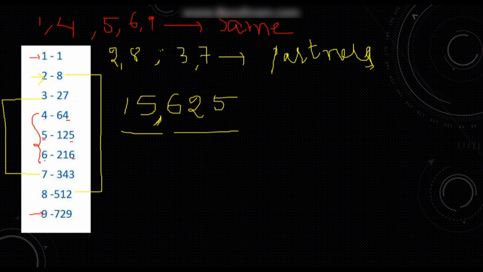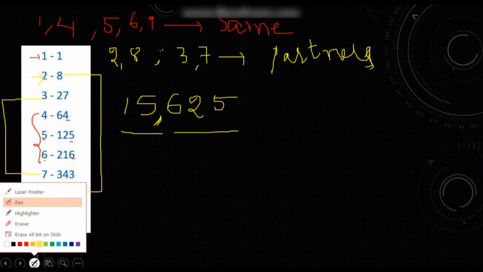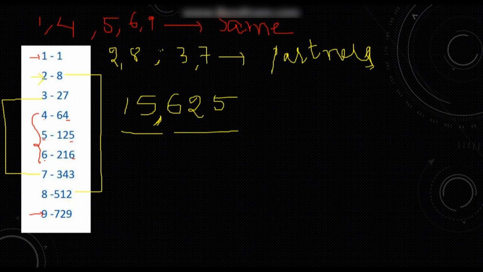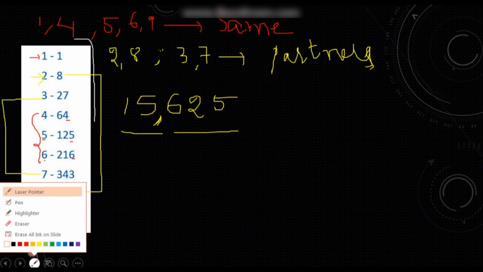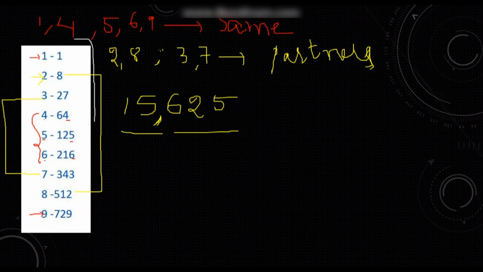Now you have to check where this 15 lands on the number line. 15 is in between 8 and 27, so the cube root will be between 2 and 3. In that case, we write the smaller number. So 2, the first digit is 2.